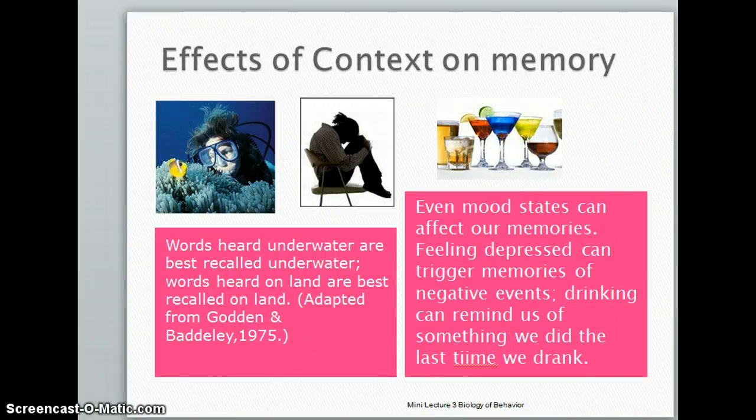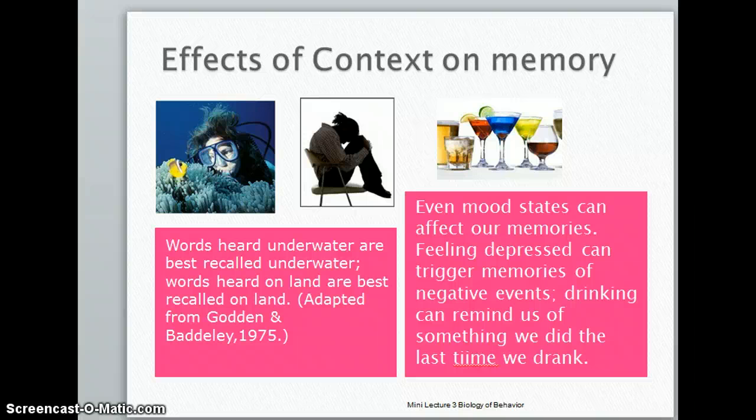One last concept that we'll talk about here, or one of the close to the end of concepts, is the study of the effects of context on memory. Context are these memory cues, but the context can be a variety of different things.